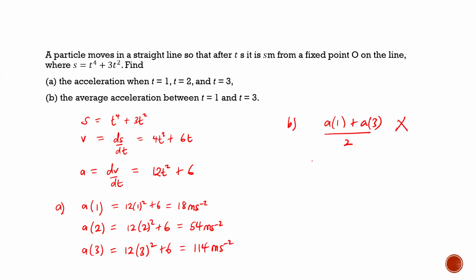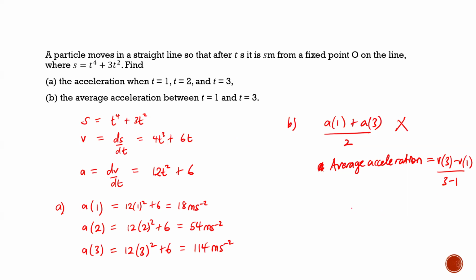Instead, we have the average acceleration for that time interval as the change in velocity divided by the change in time. So we have to get the velocity when t is 3.